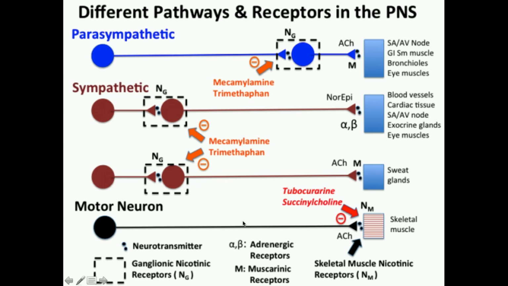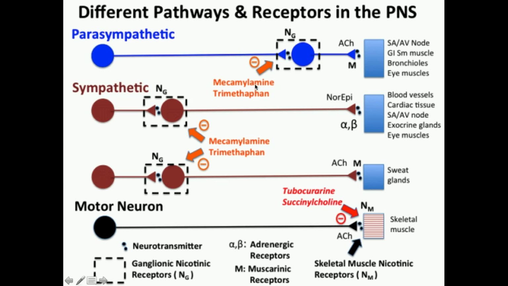In the somatic nervous system, where we have your motor neurons, you do also have nicotinic receptors there, but those are muscular nicotinic receptors, and they sit at the skeletal muscle. This is not part of your autonomic nervous system, though. So for our purposes here, it's not going to be important. But when we talk about cholinergic antagonists, it will come up with some importance, even though that does not affect our autonomic nervous system.